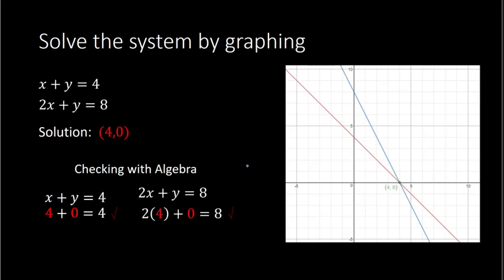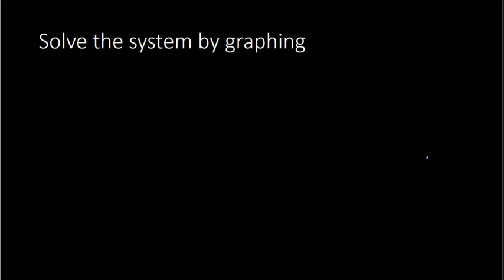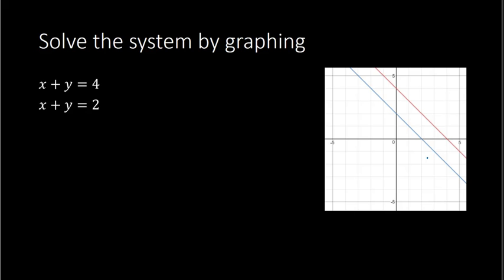So that is a true statement. Notice that to find the solution of 4, 0 that makes both equations true, we can graph and see where these two lines will intersect. Here's another example. We have x plus y equals 4 and x plus y equals 2. And again, assuming that we know how to graph, we would get these two lines right here.